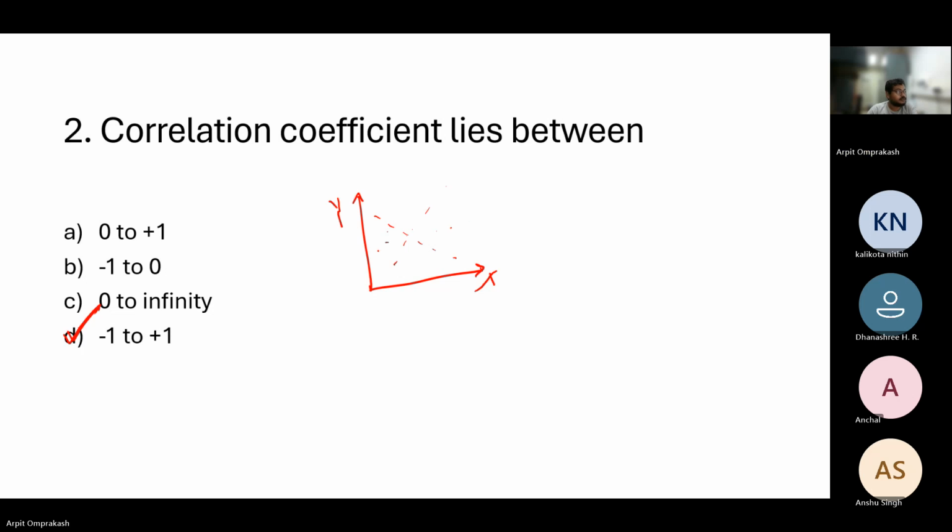So the value of this correlation coefficient will lie between -1 to 1. Right. So -1 is when it's perfectly negatively correlated, and +1 is when it's perfectly positively correlated.